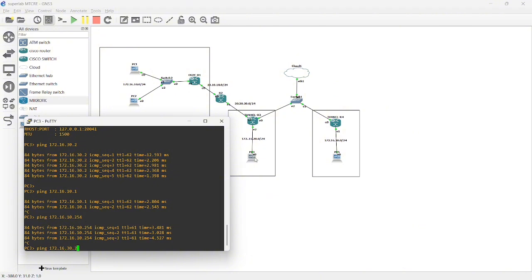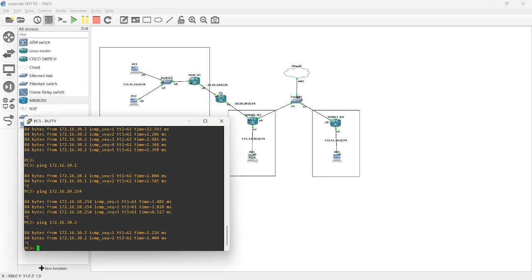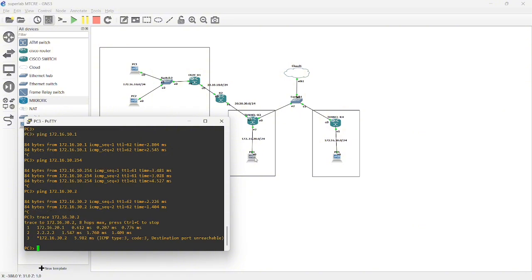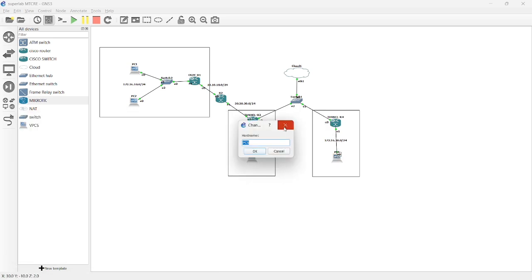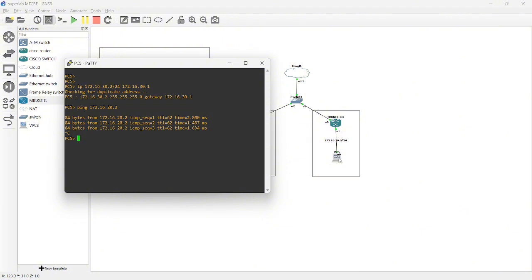Okay, whipping again to tunneling. Okay, we trace. We trace to that IP. Okay, the result is I have 20 is the IP for tunneling area tunnel.